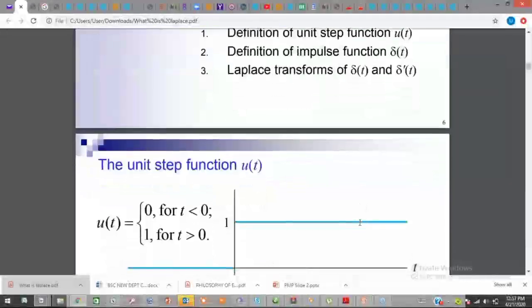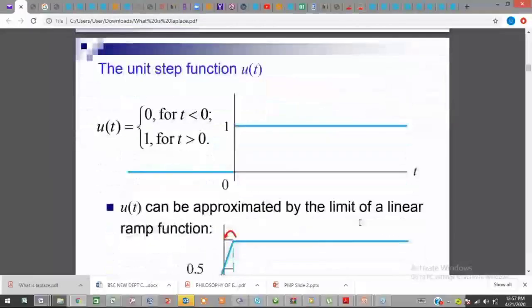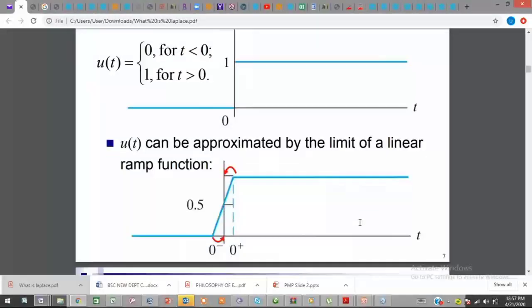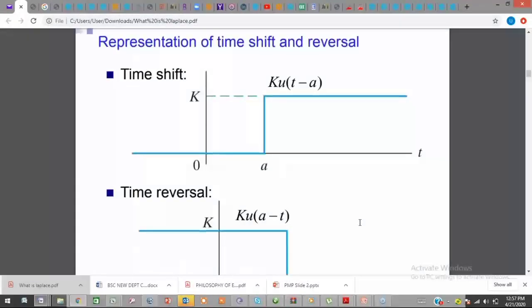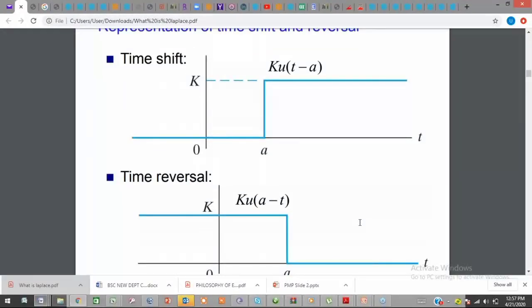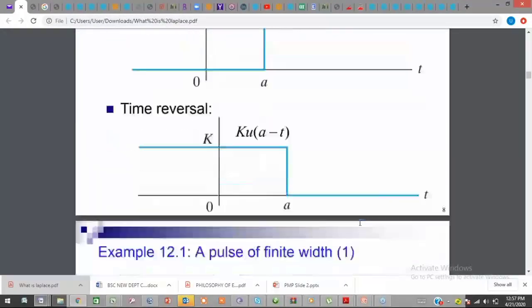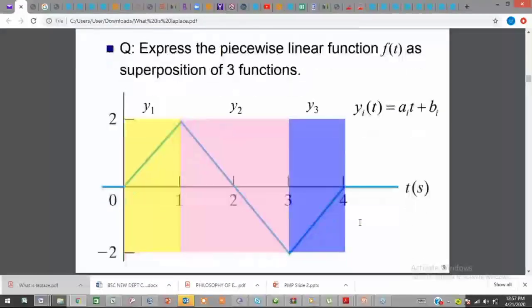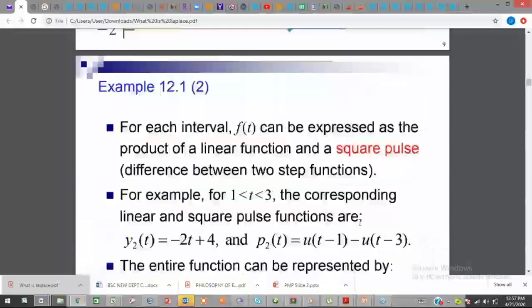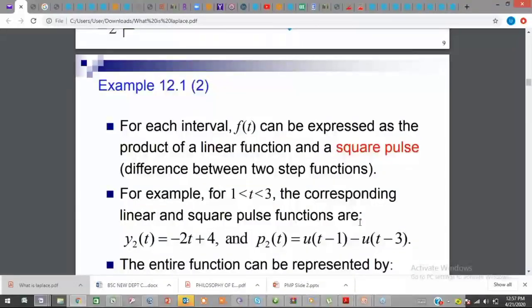Now, for example, 1 is less than t, less than 3. Now, let's look at it. The corresponding linear and square pulse functions are, if you see the formula I have, y subscript 2 of t is equal to minus 2t plus 4, and p subscript 2 of t is equal to u of t minus 1 minus u of t minus 3.